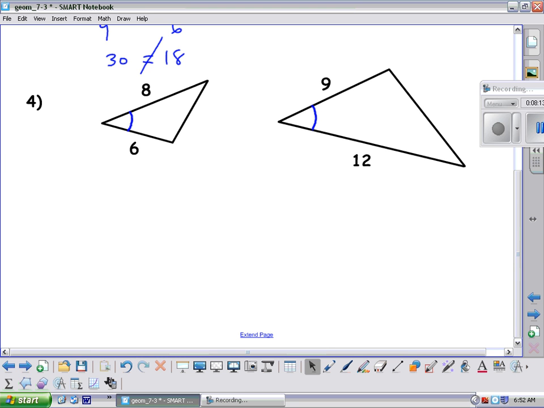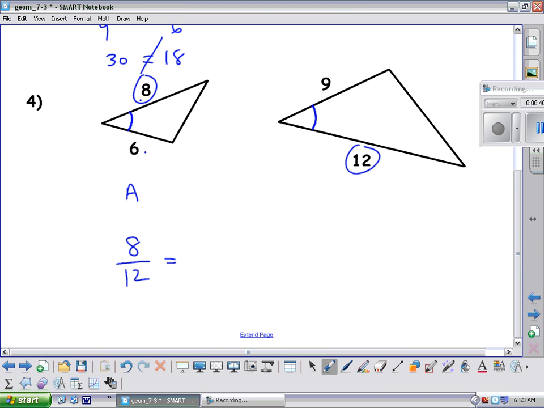Okay, number 4. I'm looking for side angle side, and let's match up the 8 in A with the 12. Actually, I did this one. 8 is to 12.